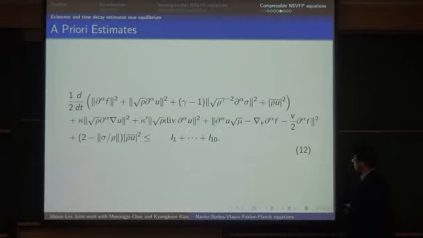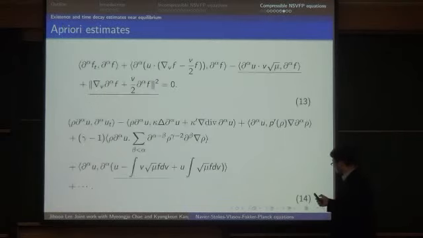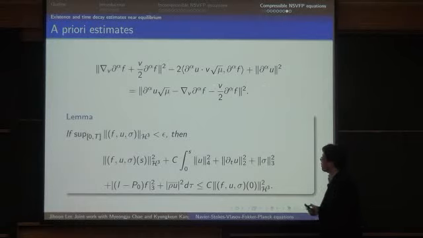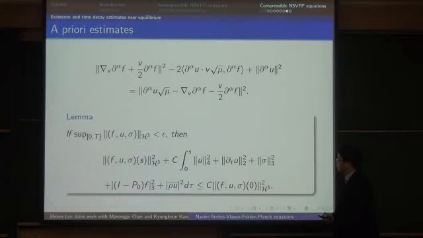To obtain this, if we add these three things, then we have some good terms. And then if the supremum of this is small, then we have this one.